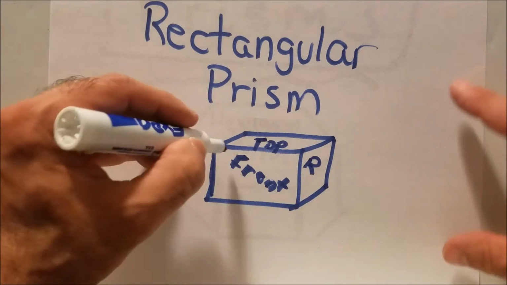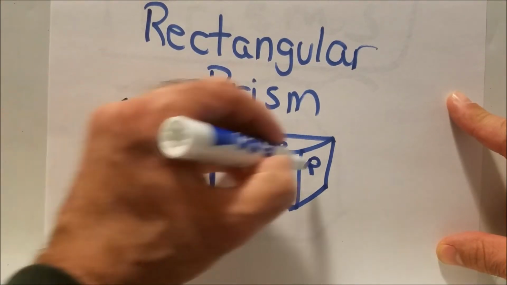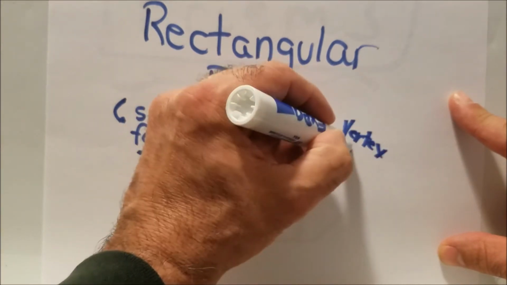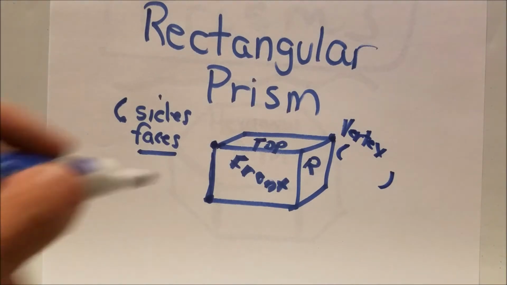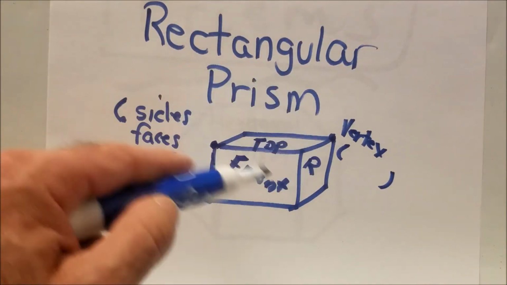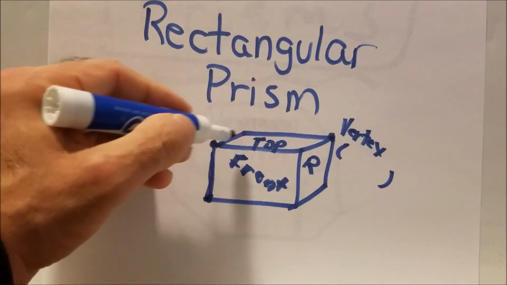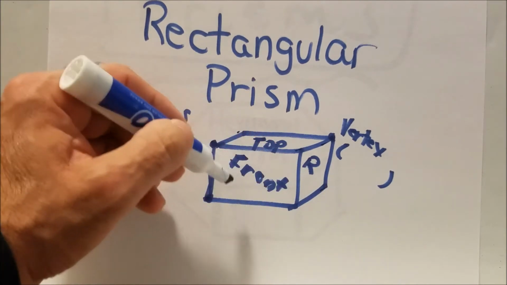And if you remember, we talked about that each point where two lines meet is a vertex. Here's a vertex. And do you remember the plural for vertex? Vertices. So how many vertices do you think this rectangular prism has? There's 1, 2, 3, 4. And then on the bottom there's 1, 2, 3, 4. You can't see the other one.